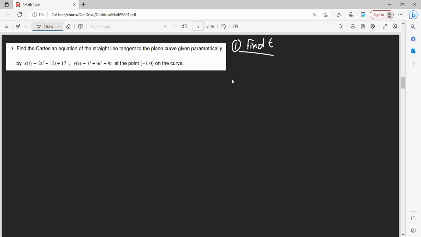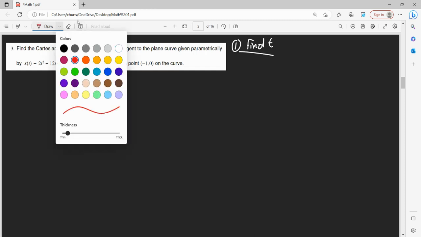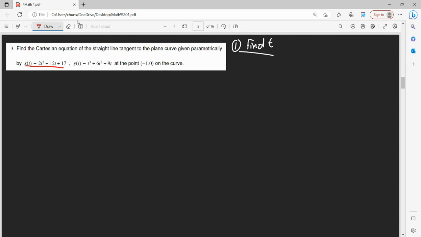We are going to do that by taking the x component of our given point and equating it to our parametric x equation. So I want -1 to equal 2t squared plus 12t plus 17. When we move that over, that gives -18 equals 2t squared plus 12t.